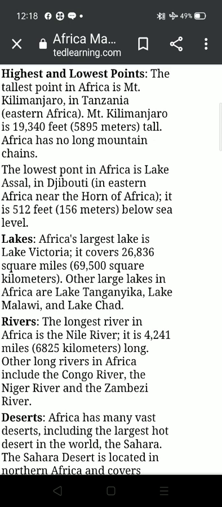Then coming to climate, as I told you, the equator passes here. This region is called the hot region, and we find heavy rainfall. We also have temperate regions, northern part and southern, extreme north and south, where you see less rainfall. Only in rainy season we find rain.